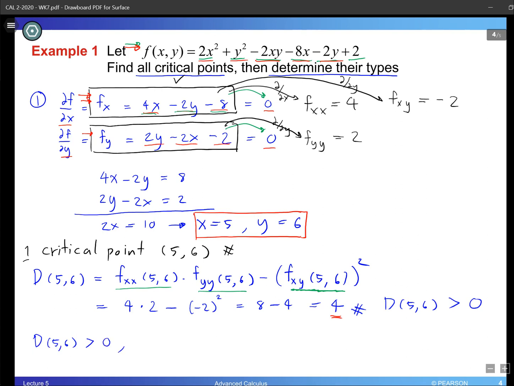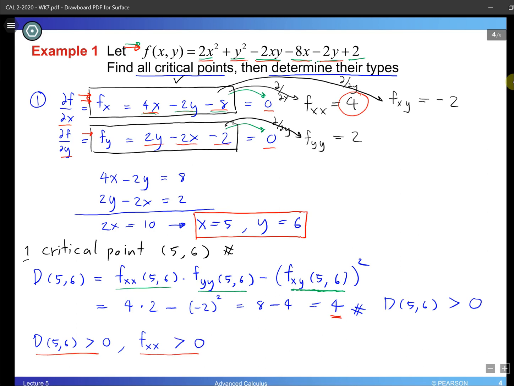And the second-order partial derivative of f with respect to x and x is equal to 4, right here. So it's also positive. So we have both conditions, D positive and f positive.